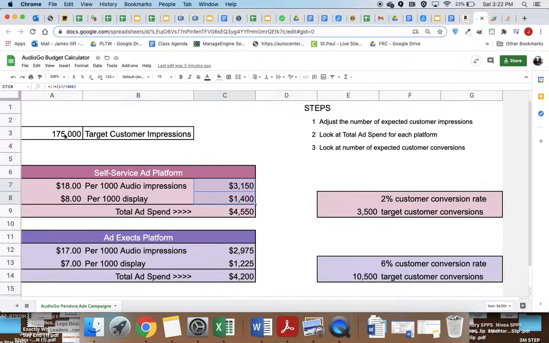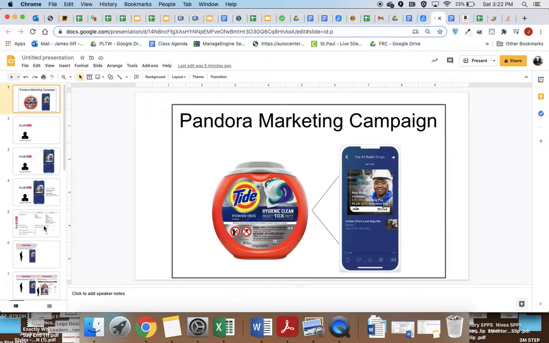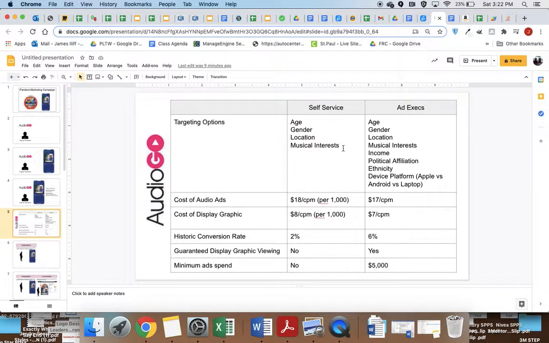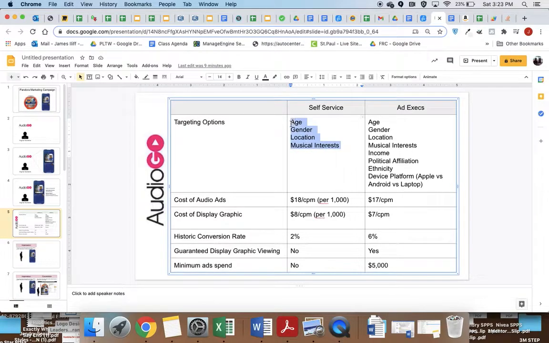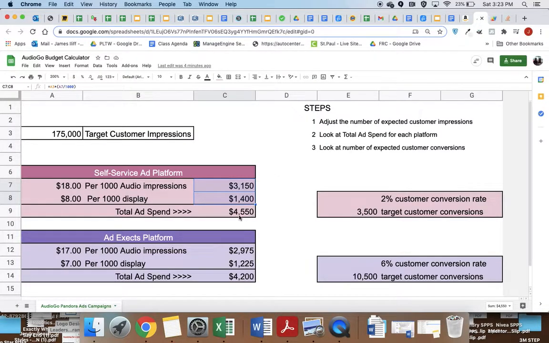So if we decide that we want to propose the self-service ad platform, remember the self-service ad platform is the one where we only get to target age, gender, location, and music interest. Then our budget would be $4,500.